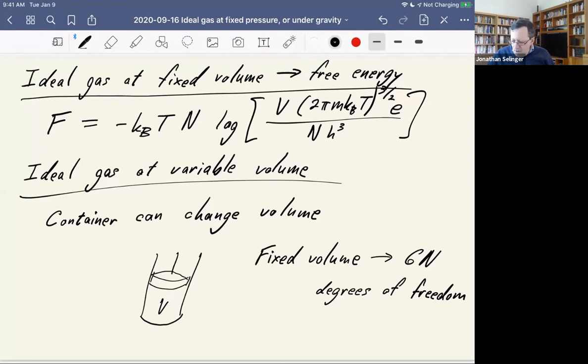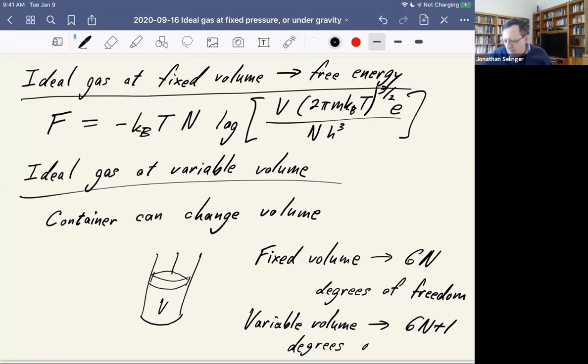But now, if there's a variable volume, there are 6N plus 1 degrees of freedom. That is, there's the extra volume degree of freedom. So if you want to specify a state, you need to say all the positions, all the momenta, and the total volume.